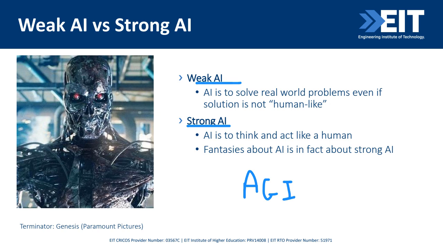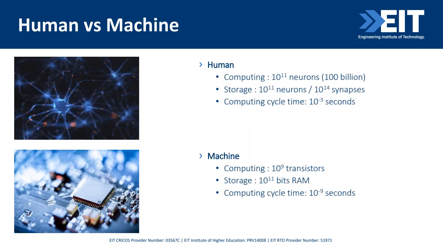Okay, but we are still far from artificial general intelligence. What we are doing today, what exists today, is what you would call weak AI. We are able to solve specific problems, and we'll see some examples of these specific problems that are solved by artificial intelligence.